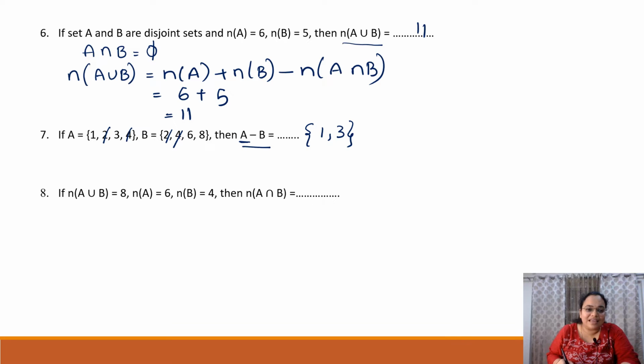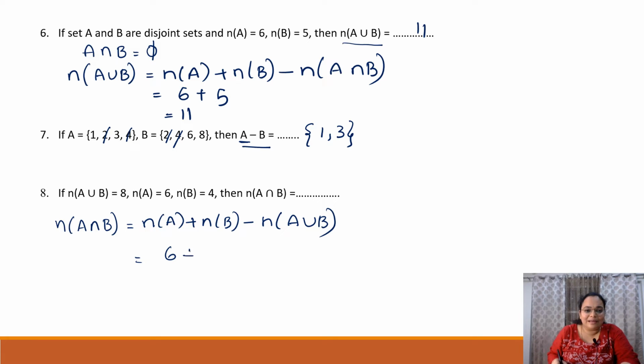The next one is, if n of A union B is equal to 8, n of A is equal to 6, n of B is equal to 4, then we need to find n of A intersection B. We know the formula from the fundamental theorem on sets, that is n of A intersection B is equal to n of A plus n of B minus n of A union B. n of A is 6, plus n of B is 4, minus n of A union B is 8.